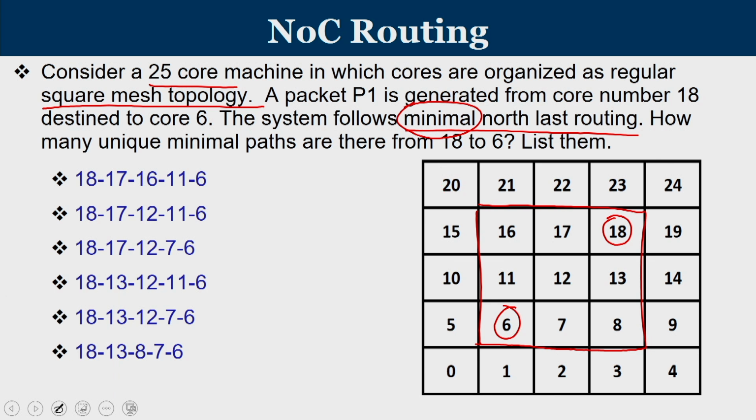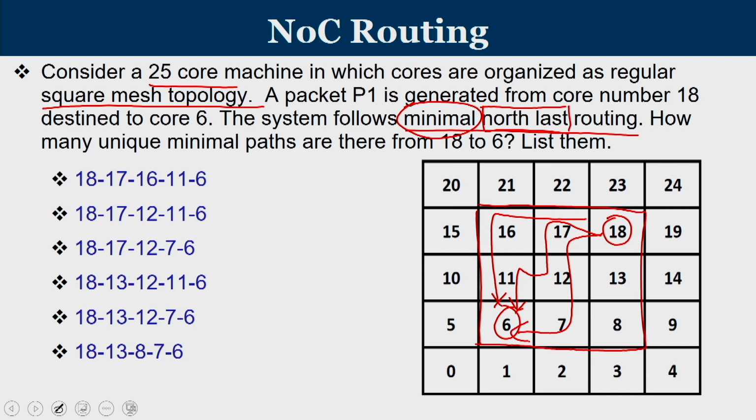So, from 18 we have possibilities. One is I can take a possibility like this, that is my first possibility. Second possibility is I can take an option like this, because there is no restriction in taking an east, south or southeast, whatever order it is. We have restriction only in moving towards north, that is called north last routing. And the third possibility is like this.